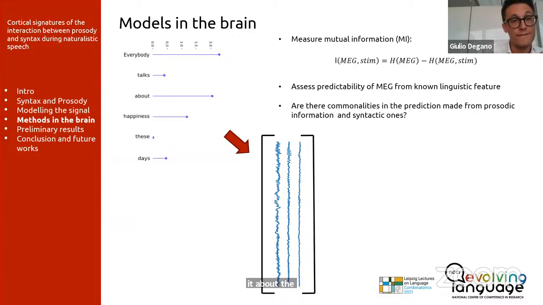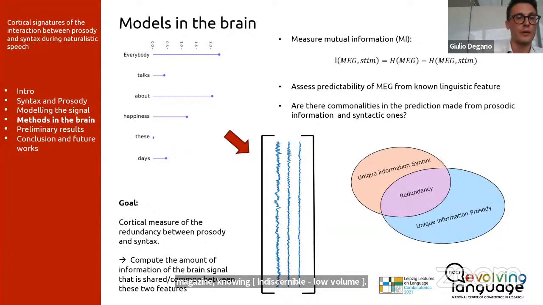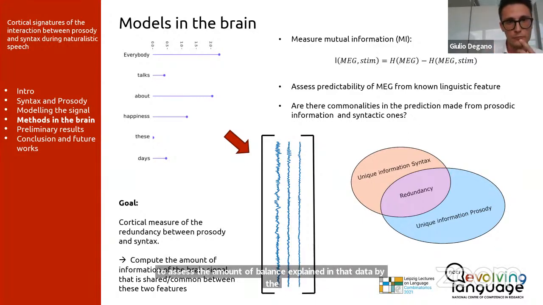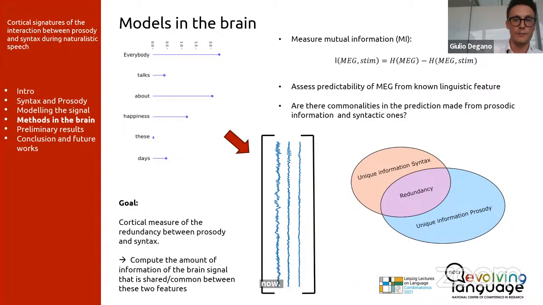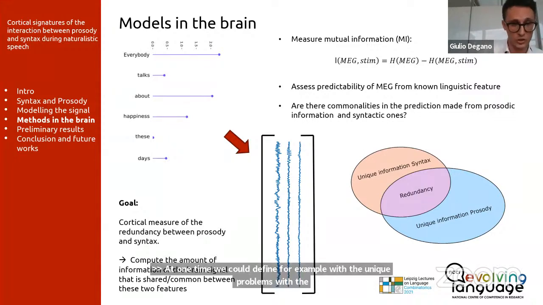This is a very useful tool if you want to do what is called partial information decomposition. We want to assess the amount of variance explained in the MEG data by prosody, syntax, and other types of entities that we talk about now. On one side, we can define the unique part of prosody, the amount of variance of the MEG signal explained by prosodic features.